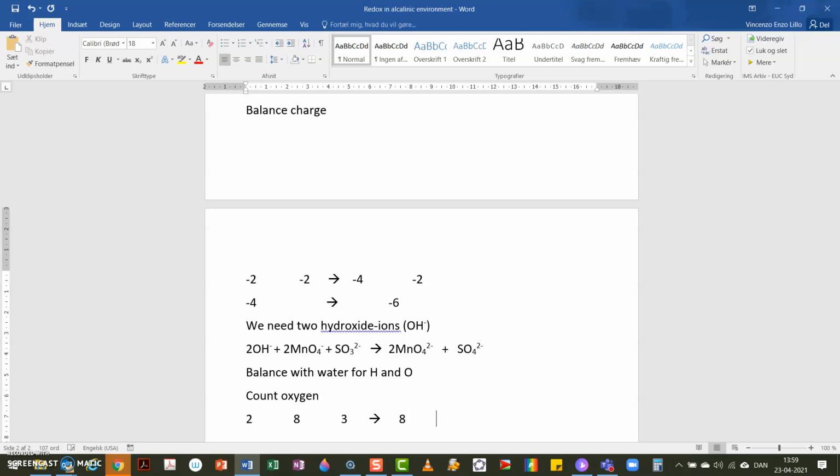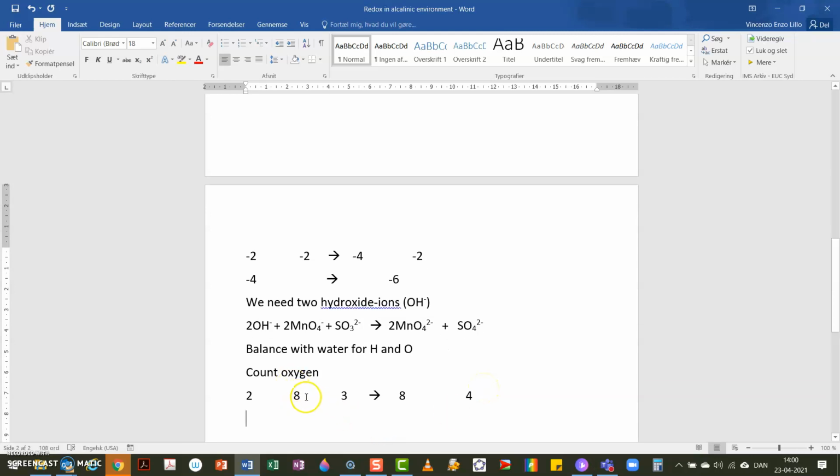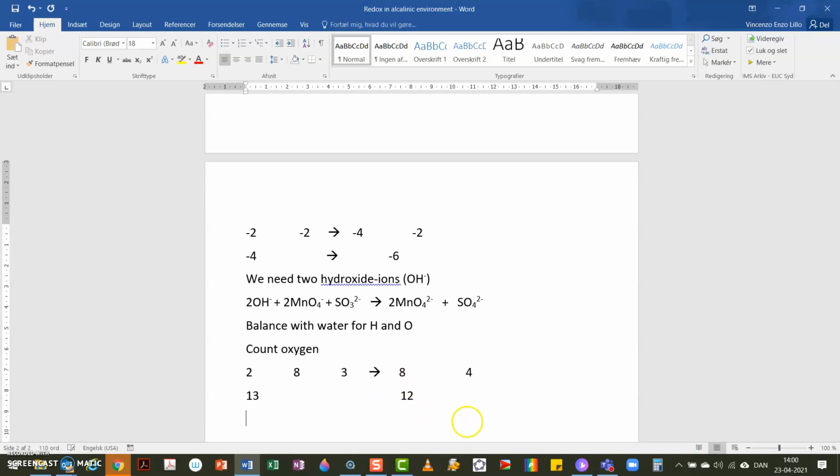And we'll have 4 oxygens due to this one here. So in all, we'll have 2 plus 8, 10, 13 here, and 12 here, meaning we need a water molecule at the right side.